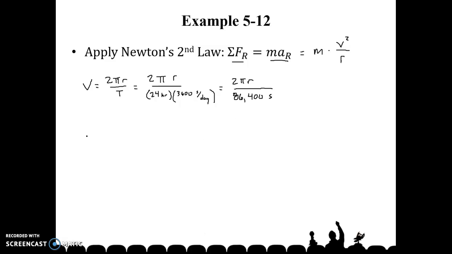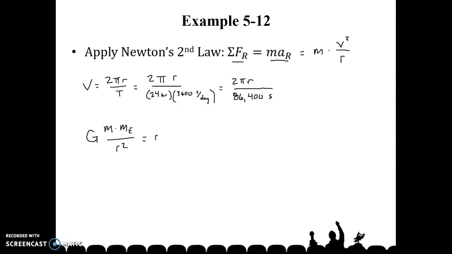Now, if we set the centripetal force to be equal to the gravitational force to keep our satellite in orbit, then we're looking at G, the gravitational constant, times m, the mass of the satellite, times the mass of the Earth, over r squared. That's the gravitational force.